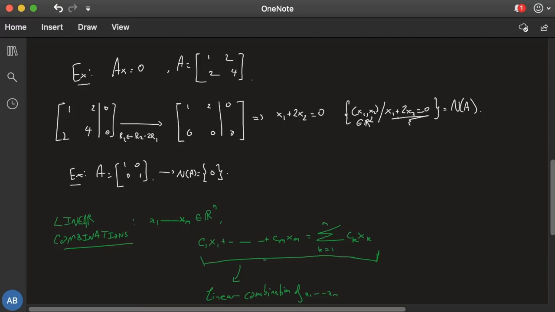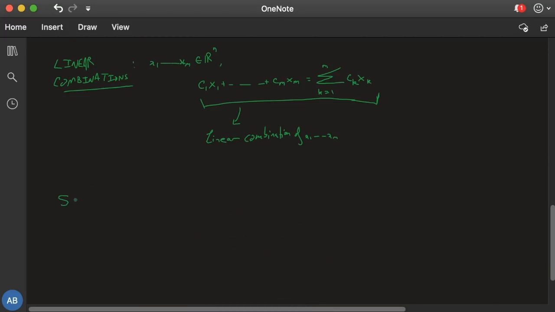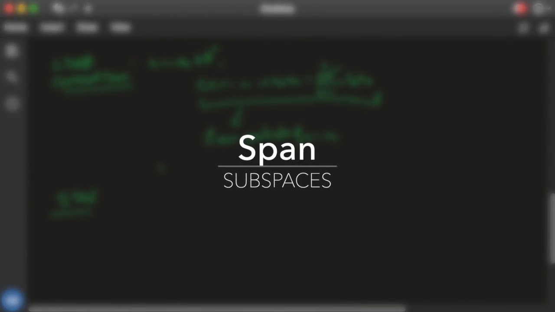Furthermore, we're going to introduce the span. The span is the set of all linear combinations.